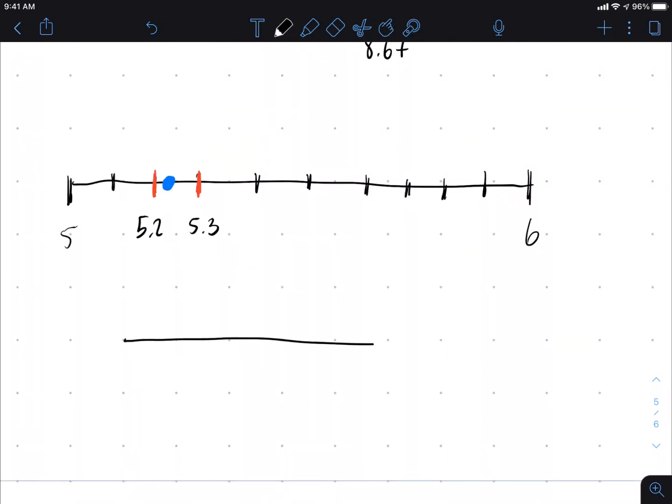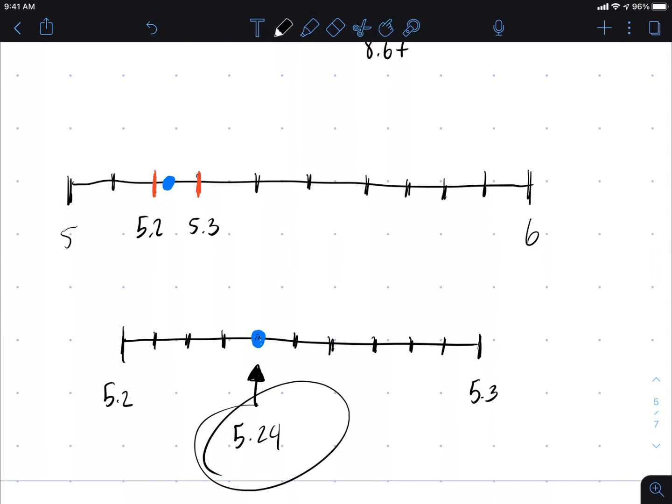That's perfect. It's 5.24. Perfect. You got it.